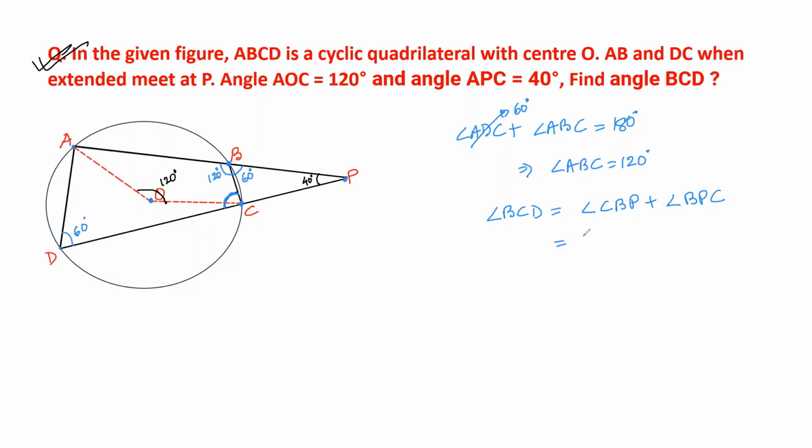Angle CBP is 60 degrees and angle BPC is given to be 40 degrees. So from this we can say that angle BCD would be 100 degrees. So the measure of angle BCD is 100 degrees. In this way, by using the inscribed angle theorem and the properties of a cyclic quadrilateral, we can find such angles.